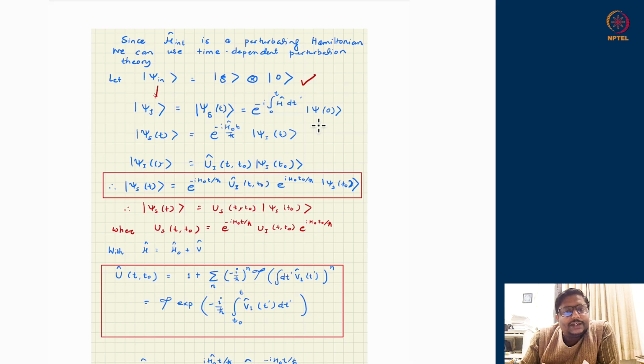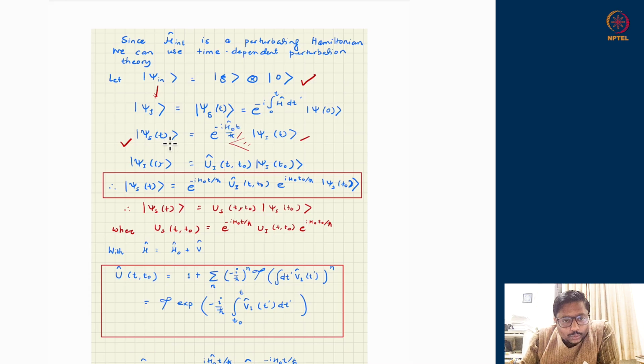But recall, we had discussed that the same time evolution can be understood in terms of something called the interaction picture, with interaction states and interaction operators. In terms of these new equations, the time evolved Schrodinger wave function can be written as the interaction wave function acted upon by e to the power minus i H naught t upon h bar, where H naught is just the free field part of the Hamiltonian, without the perturbation part.